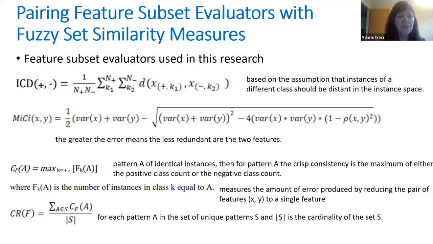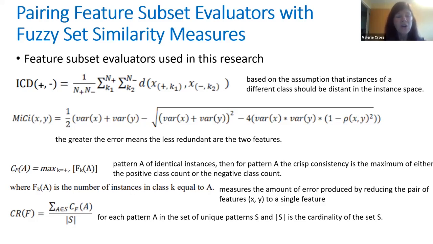You want your feature subset to distinguish between instances that are in different classes. And the maximal information compression index says you're trying to reduce X and Y features into one feature. If you do that and it produces a lot of error, then they really aren't redundant features. So the higher the error, the more it tells you that you can't reduce these X and Y features to one feature.